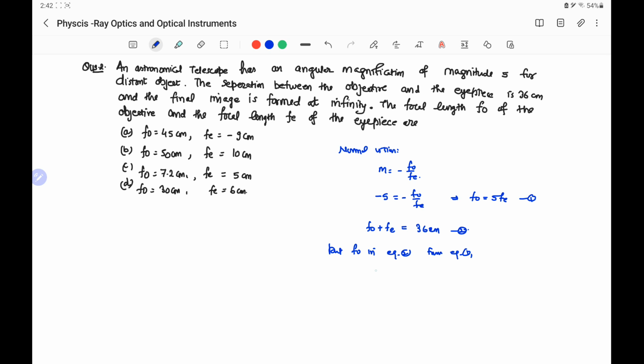We will get 5 fe plus fe equal to 36, or 6 fe equal to 36. This implies that fe, the focal length of the eyepiece, will be 6 centimeter. Now put the value of fe in equation 1. So from equation 1, f naught, the focal length of the objective, will be equal to 5 times the focal length of the eyepiece, and the focal length of the eyepiece is 6, hence the focal length of the objective will be 30 centimeter. So option D is the correct option.